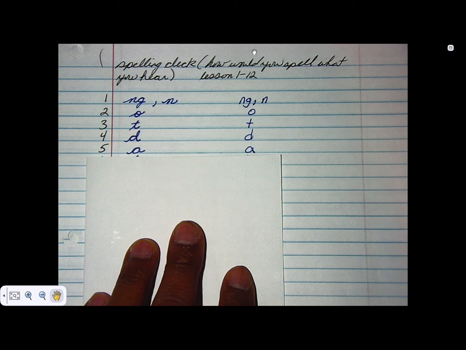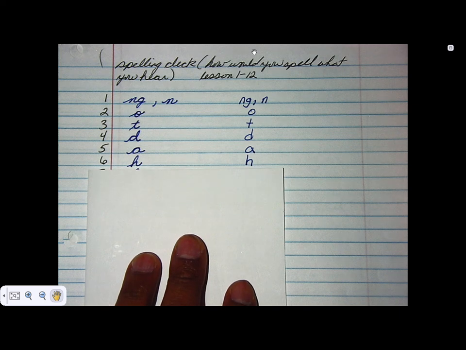Next, you should have written H. Next, K, as in kite.